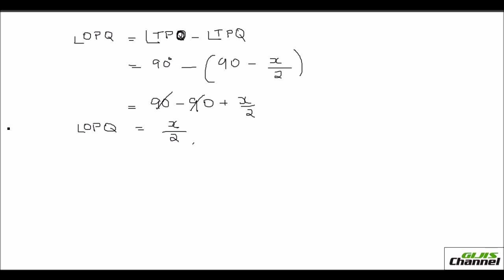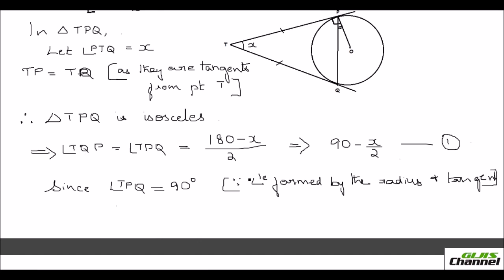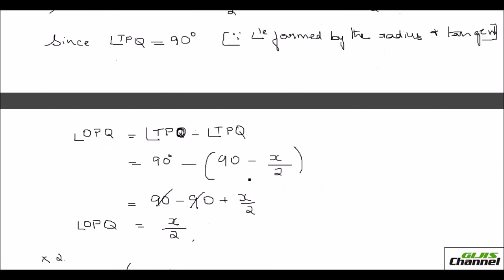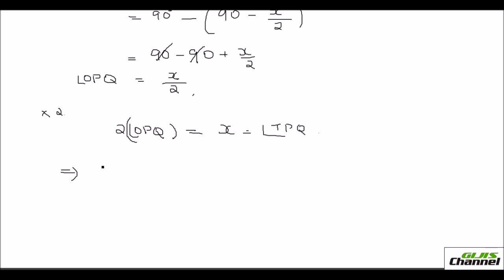Multiplying both sides by 2, we get 2 angle OPQ is equal to X, which is angle PTQ. So angle PTQ is equal to twice angle OPQ. Hence it is proved. It's very simple.